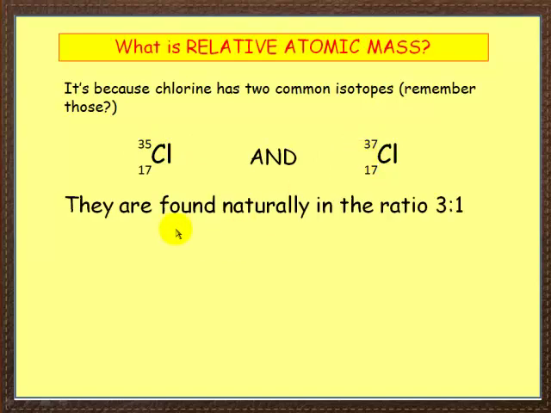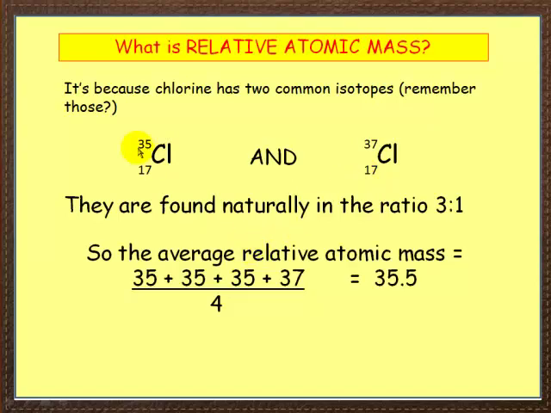Now, naturally, they are found in the ratio of 3 of these to every one of those. So, work out the average. We've got 3 of these, 35 plus 35 plus 35, plus 37, divided by 4, and you come to the answer 35.5. That is why in the periodic table it is shown as 35.5.